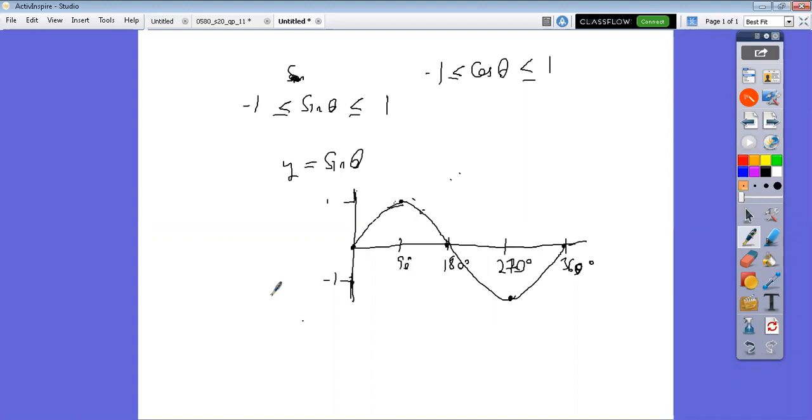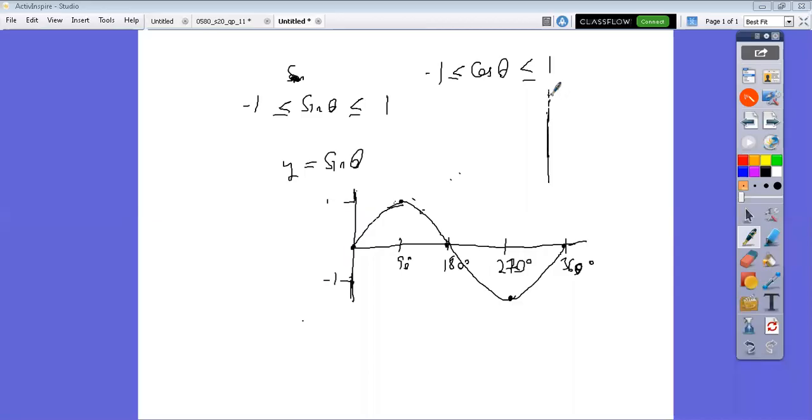Now I need to mention something here so that you see the properties. I'll divide this.